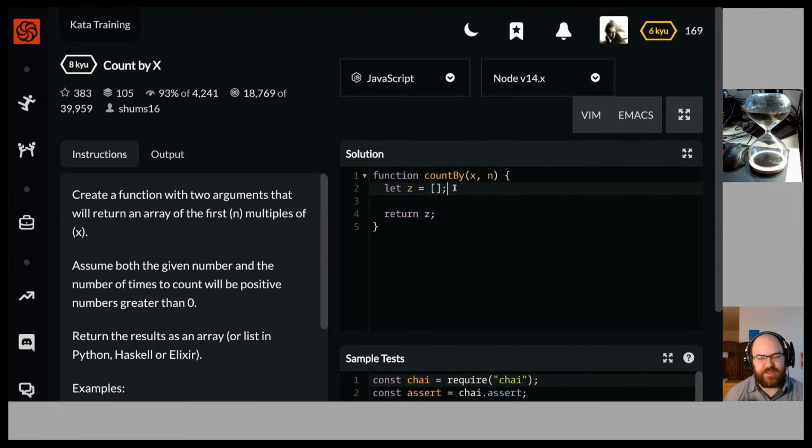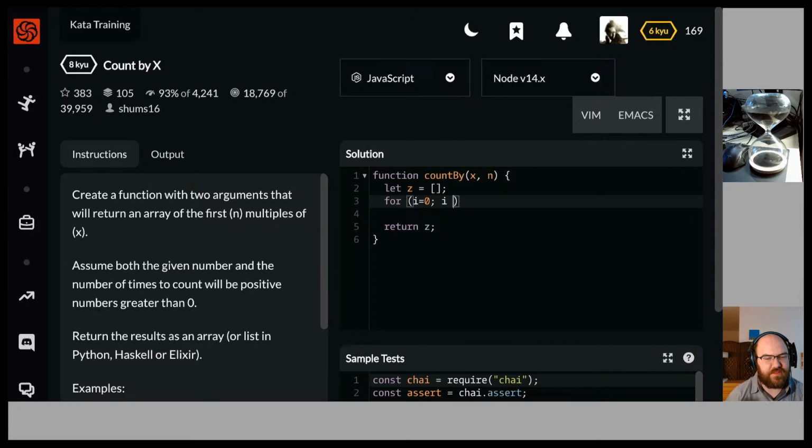I'm sure I could do something like for each. Actually, no, I can't do for each because I'm not given an input list. But what I can do is write a standard for loop for i starting at 0. Let's see, which is the first n multiple.